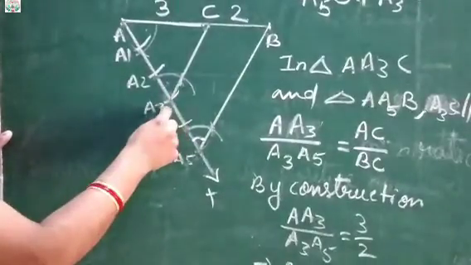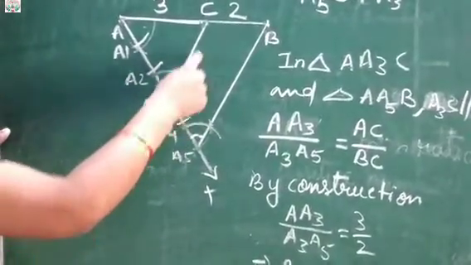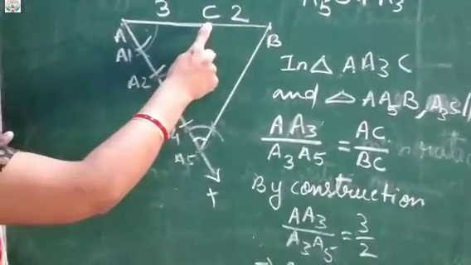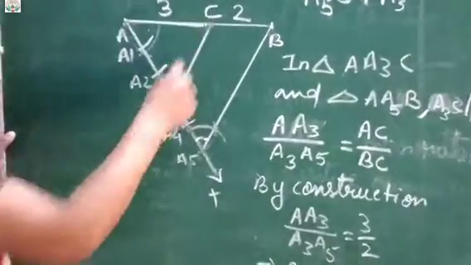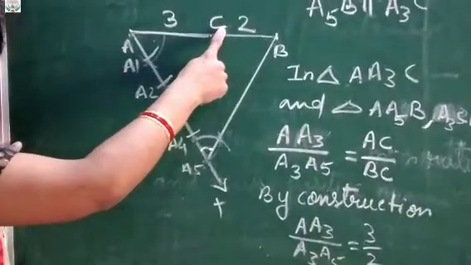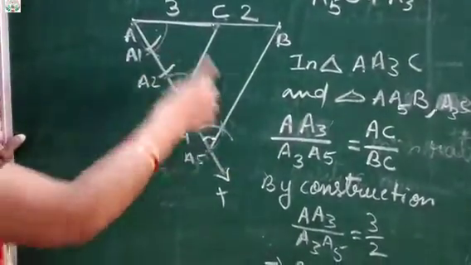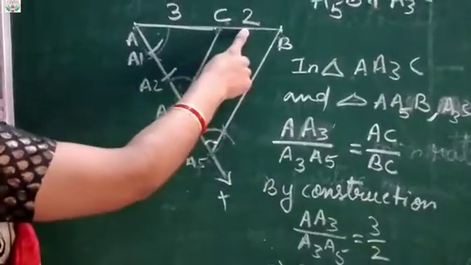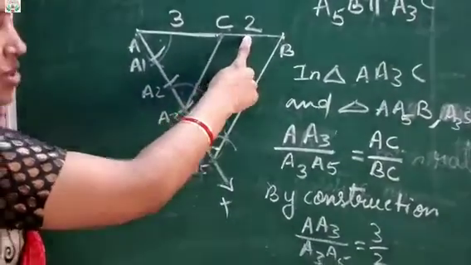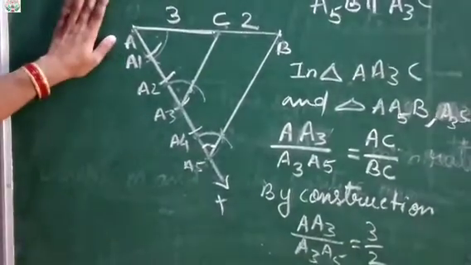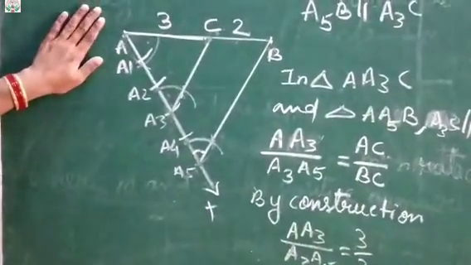Then draw a line, wherever it meets the AB line segment, name it as C. Join A3C. Now after that you can write that this is divided into 3:2 ratio, and then write the proof part. This is just an explanation. This is not your exercise question.